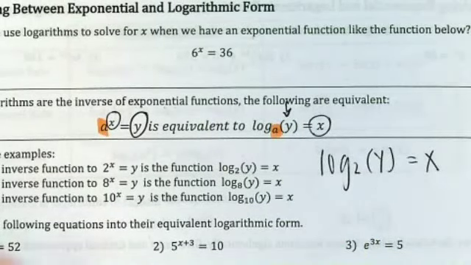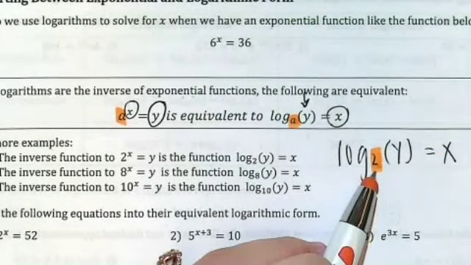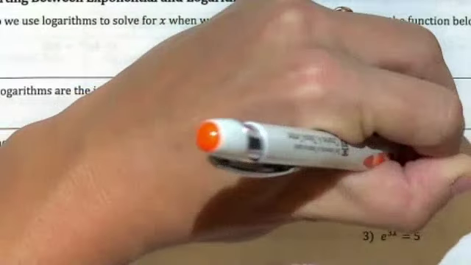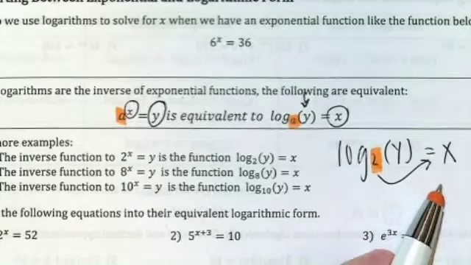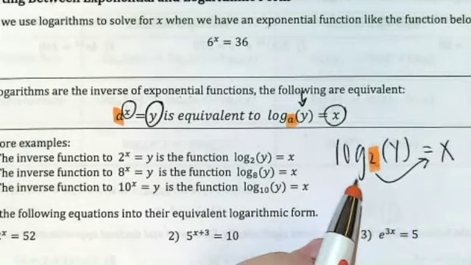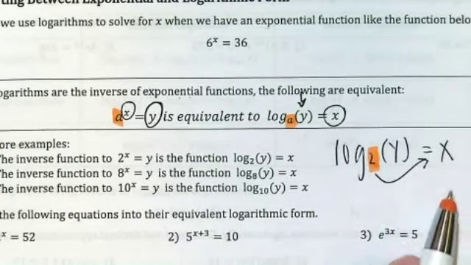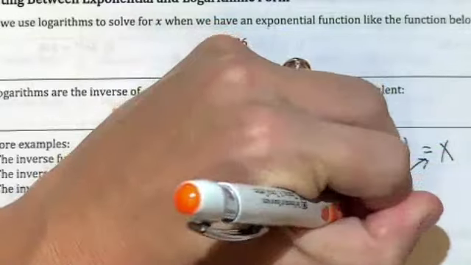But sometimes I also like to just say, okay, this base is going to push up this value if I'm going to move this from logarithmic to exponential form. So from logarithmic to exponential form, this is going to be the base.